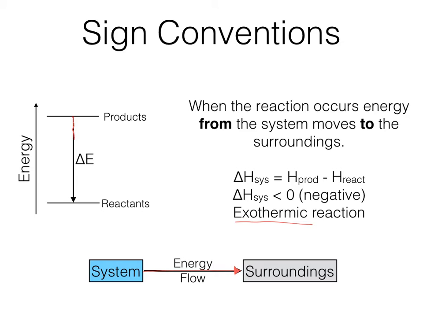And this happens when the reactants have more energy than the products. And so delta H is negative.